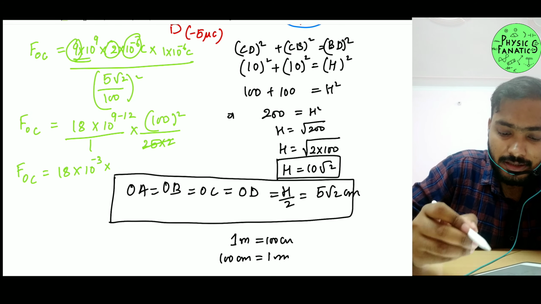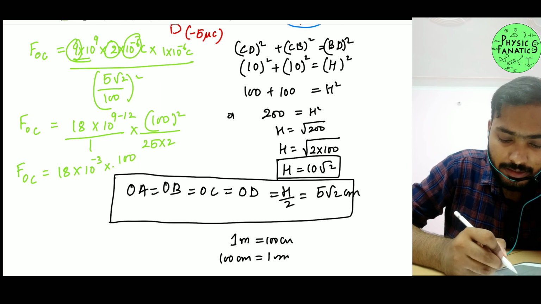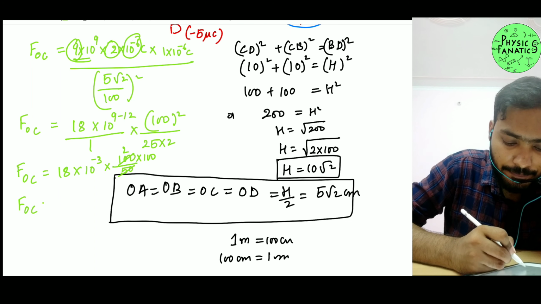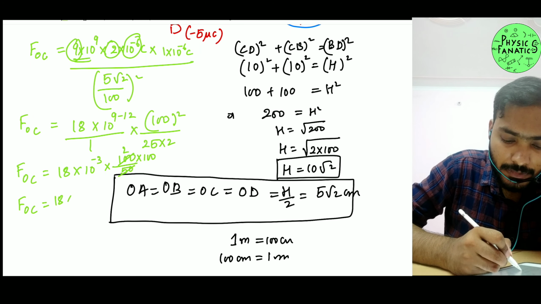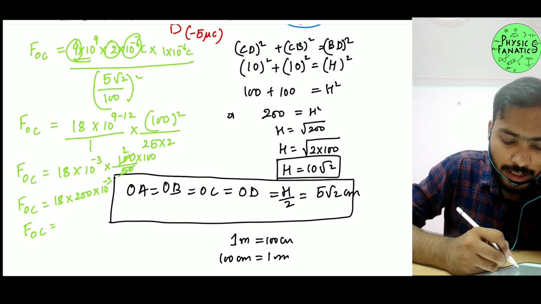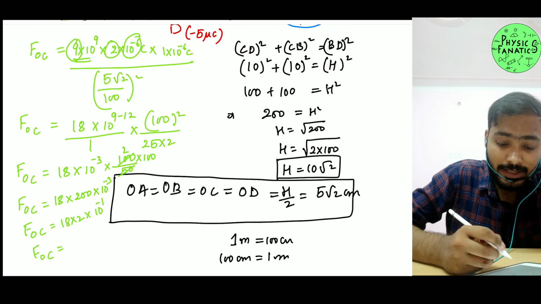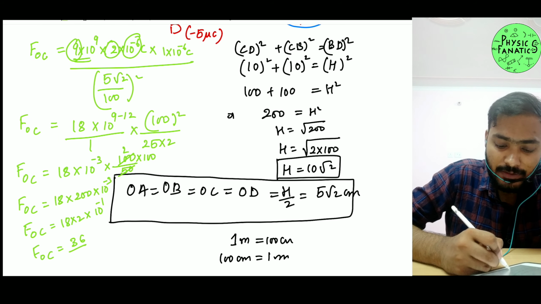Sorry, I'm really sorry, this will not cancel out with that. So this will be actually 100 divided by 50 into 100. So 50, and FOC is equal to 18 into 200 into 10 to the power minus 3, or I can write FOC is equal to 18 into 2 into 10 to the power minus 1, or I can write FOC is equal to 18 into 2 is 36 divided by 10, or I can say 3.6 Newton.